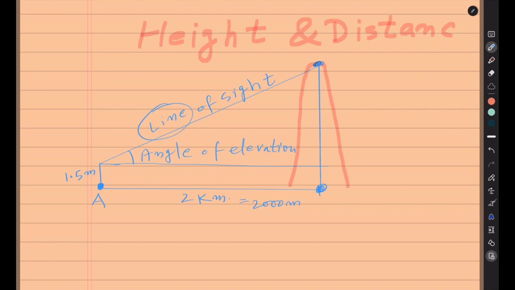Another thing, if someone is standing here at this point and then they are looking at you, then with respect to the horizontal, this person will also make some angle, which is called the angle of depression.